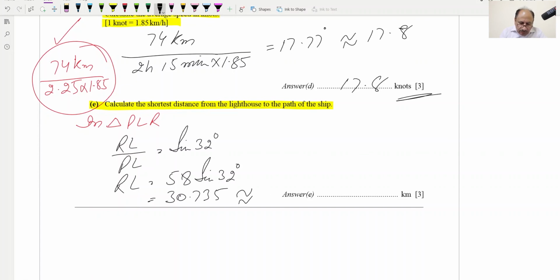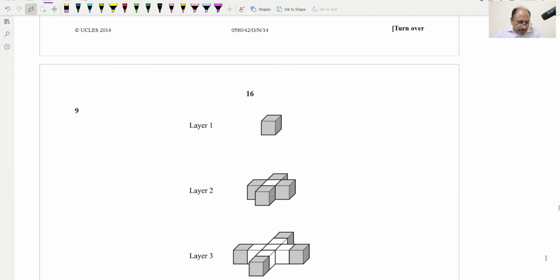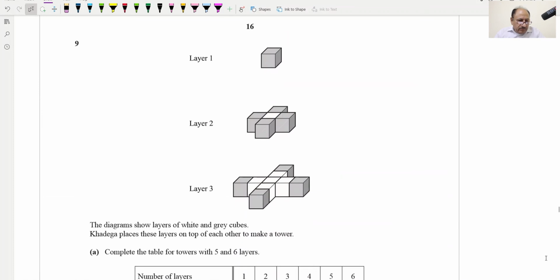Up to 2 decimal places we can provide 30.74. So 30.74 kilometers will be the answer, which is for 3 marks. Hopefully you understood this.